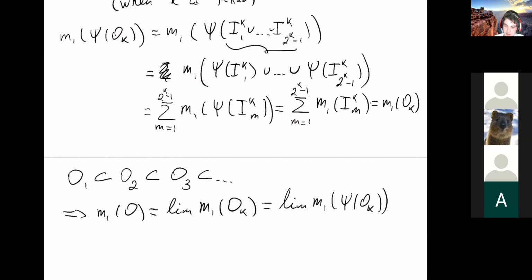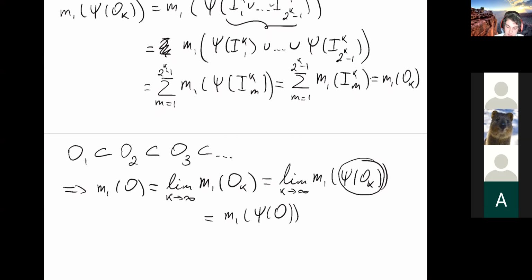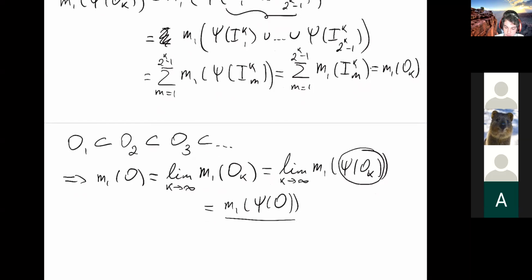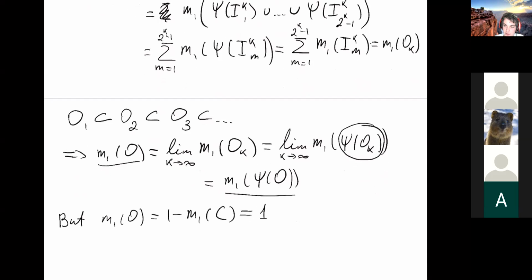And again, because psi is increasing and 1 to 1 and everything like that, these sets are also increasing, and they increase to psi of O. So the limit here is in k. There is no m anymore, except for the Lebesgue measure. And so what we got is that the measure of psi of O is equal to the measure of O. Okay, but the measure of O is equal to 1 minus the measure of C, and we know that the measure of C is 0, so the measure of O is 1. So the measure of psi of O is also 1.